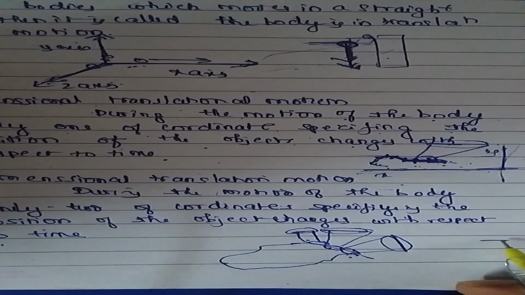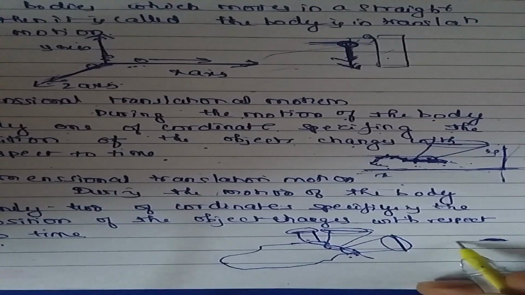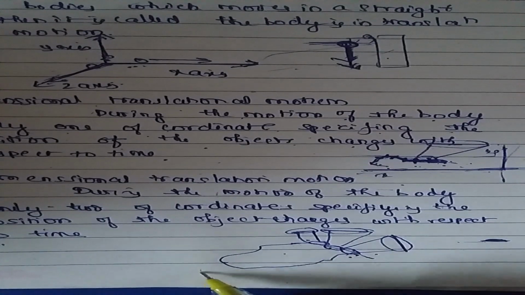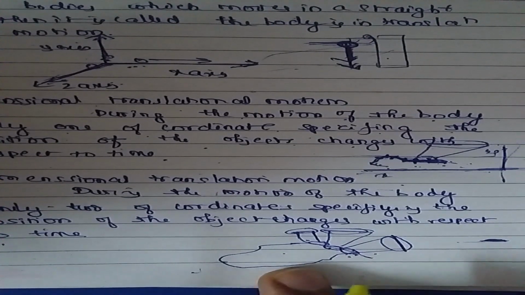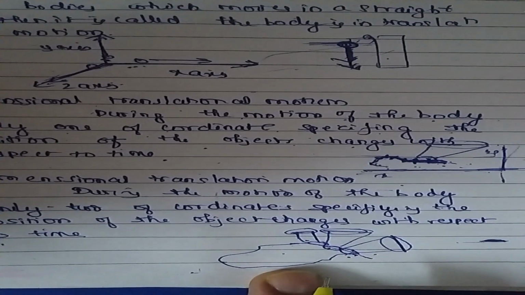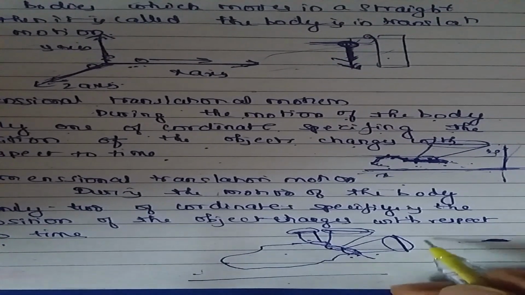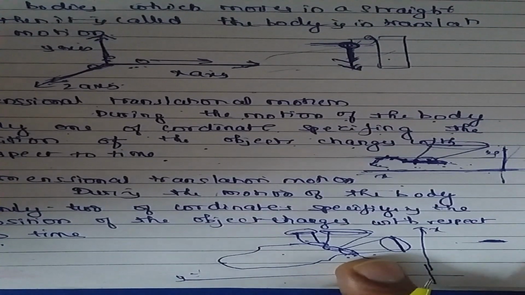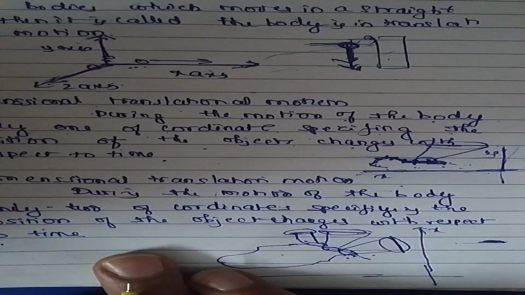Imagine you are an ant. At that time you can visualize only a small path, so that appears to be a straight line for the ant. Therefore this also comes under translational motion, but here we need two axes to define the position of the ant.